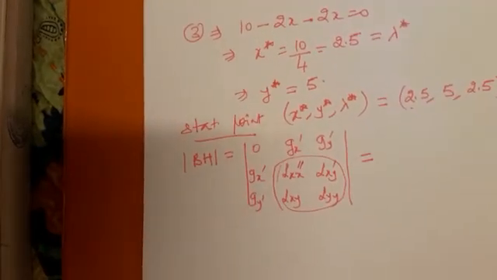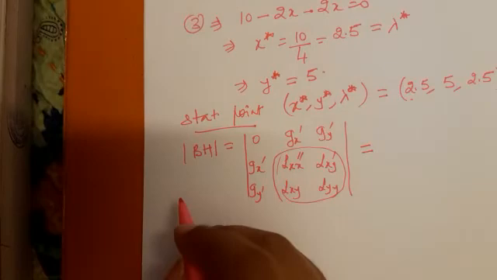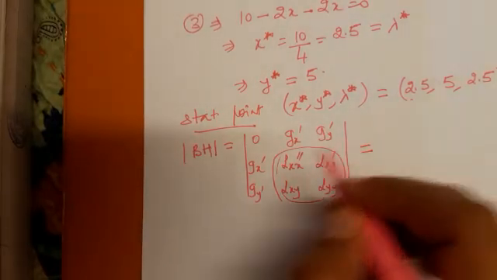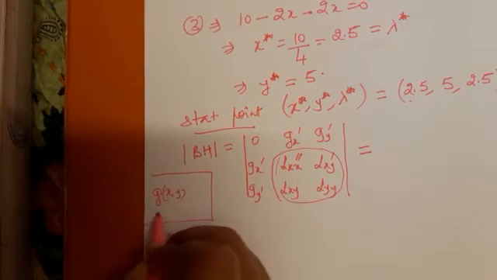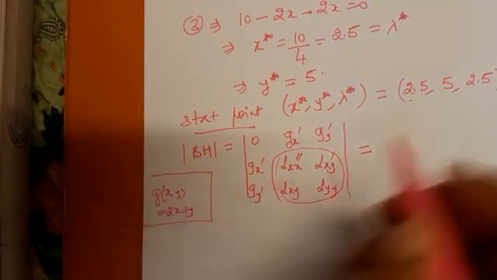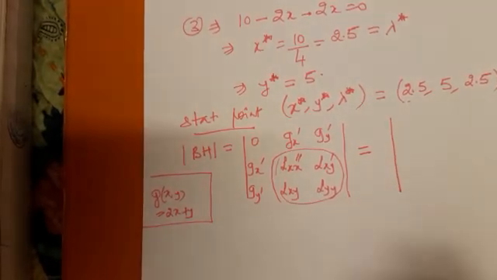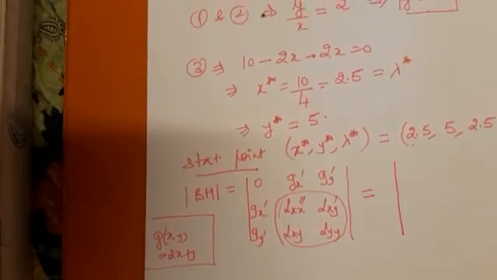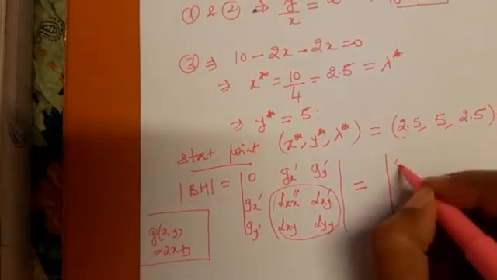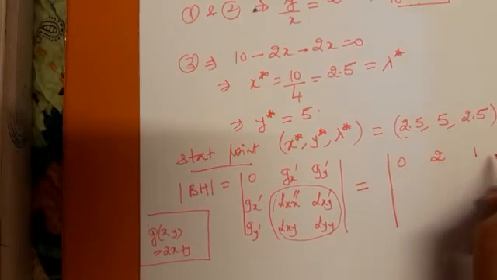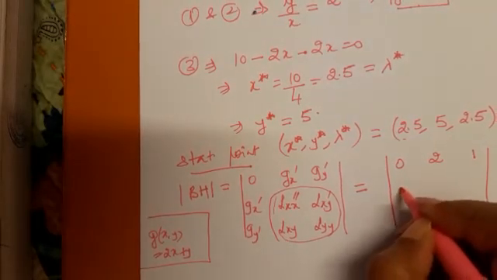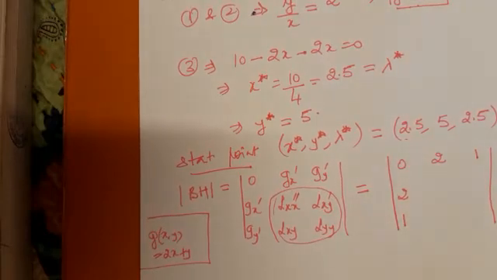So the function g of x comma y was 2x plus y. So in our bordered Hessian, g sub x becomes 2, g sub y will be 1, and the border will be 0, 2, 1.